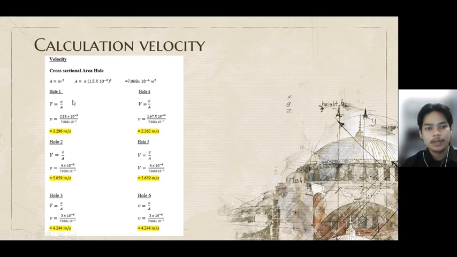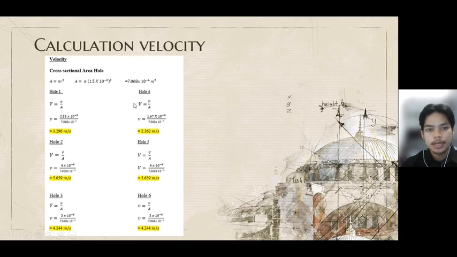For hole 1, we use the formula V equals V dot divided by the cross-sectional area of the hole. So we get 2.33 times 10 negative 5 for the V dot, and the area is 7.068 times 10 negative 6, and we get the velocity is 3.296 meter per second.